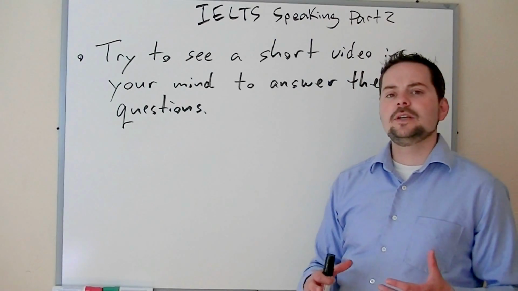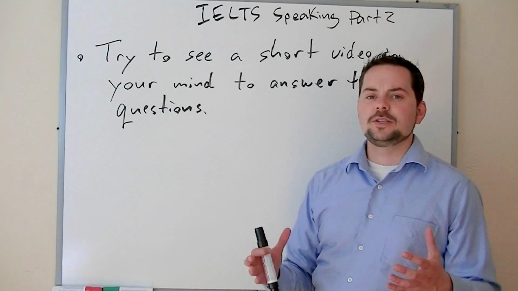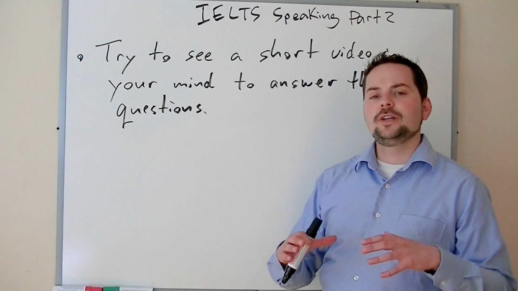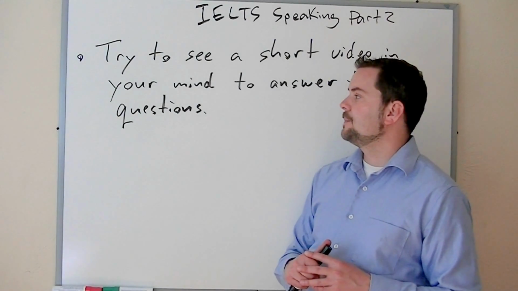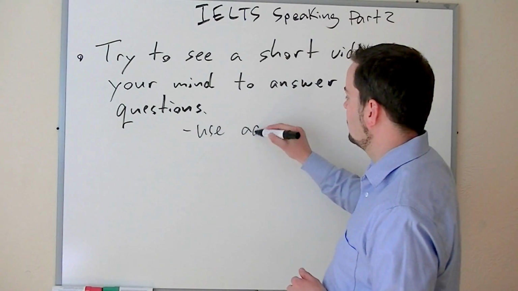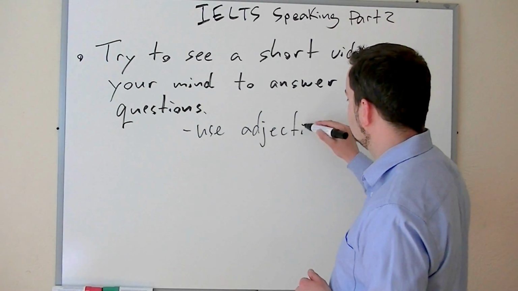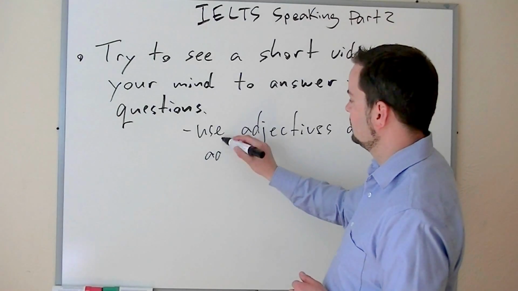Because if you can see it, then the person listening to you will also be able to imagine and see this information. So again, try to see the situation that you're going to talk about. Okay? So use lots of adjectives and adjective clauses.